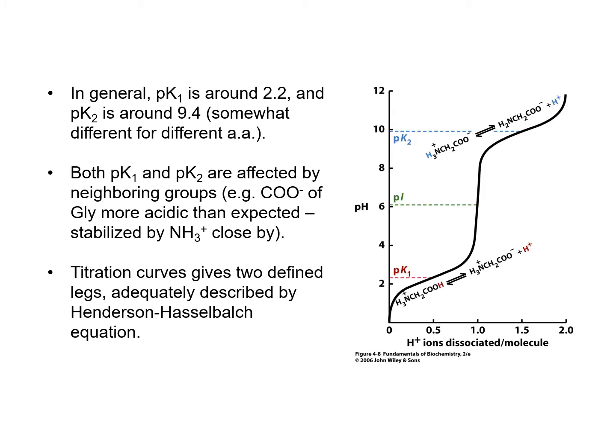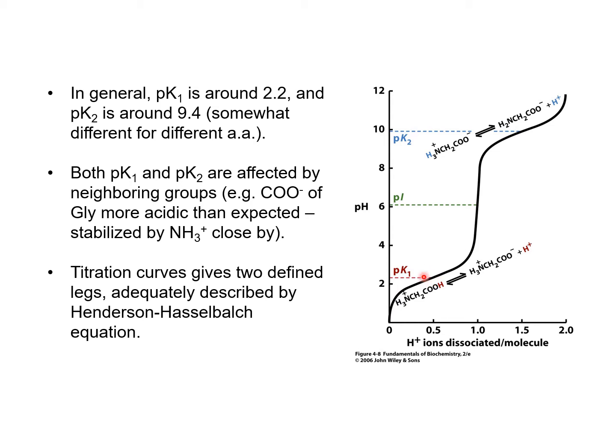And in previous lectures, we already discussed pKa, or the pK, which is the acid dissociation constant. And amino acids have at least two pKa's, which are called pK1 and pK2. And also, you remember the sigmoidal curve of the titration curves.